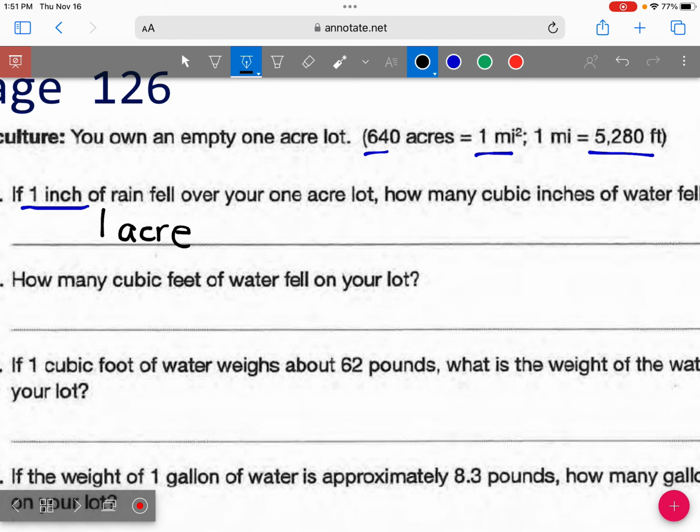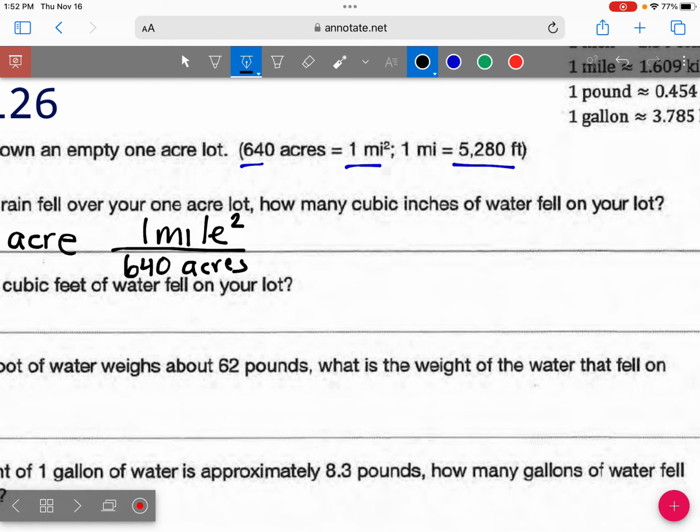I know that 640 acres is equivalent to 1 mile. So if I set it up like this, it'll convert the acre to miles. And this is square miles. If we want to convert this into feet, I can do something over here using this guy.